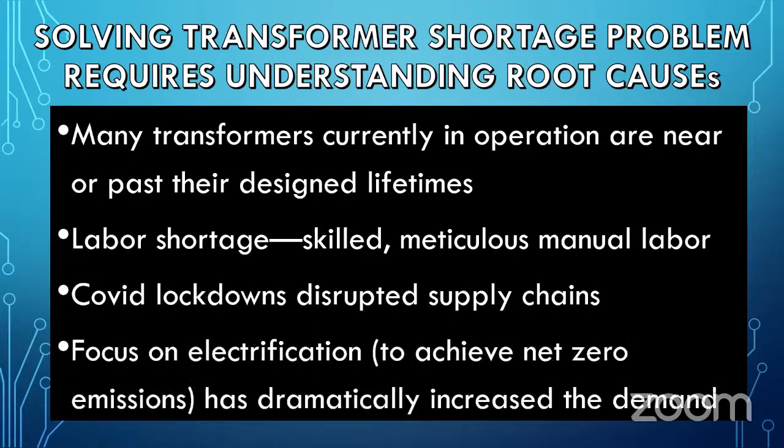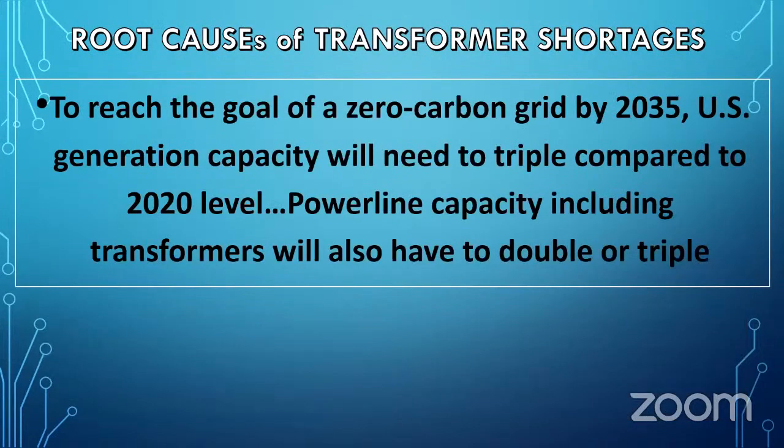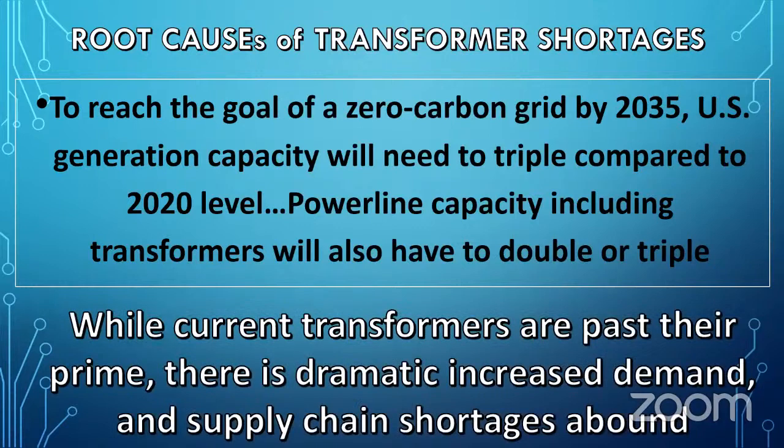The focus on electrification and achieving net zero emissions has dramatically increased the demand for transformers. To reach the goal of a zero carbon grid by 2035, United States generation capacity will need to triple compared to the 2020 level. Power line capacity, including transformers, will also have to double or triple. So while current transformers are past their prime, there's a dramatic increased demand and supply chain shortages abound.